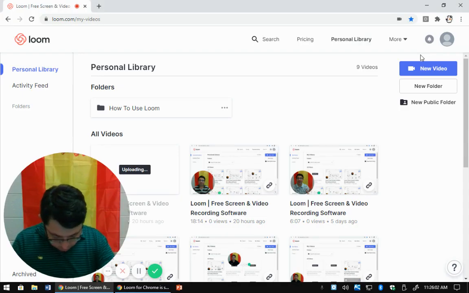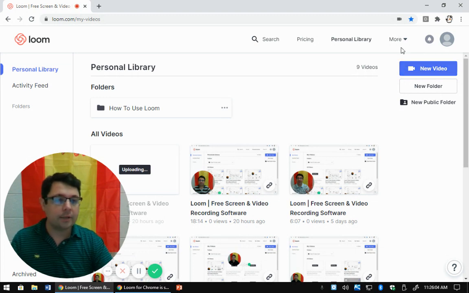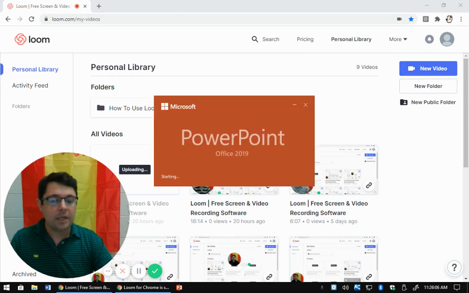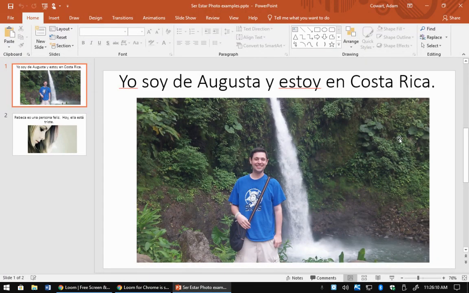So now let me show you real quick. These are some examples of how ser and estar comes up in real life. Okay. For example, this says, yo soy de Augusta y estoy en Costa Rica. Okay. So look at the difference in those two things. There's a reason we use soy and estoy.